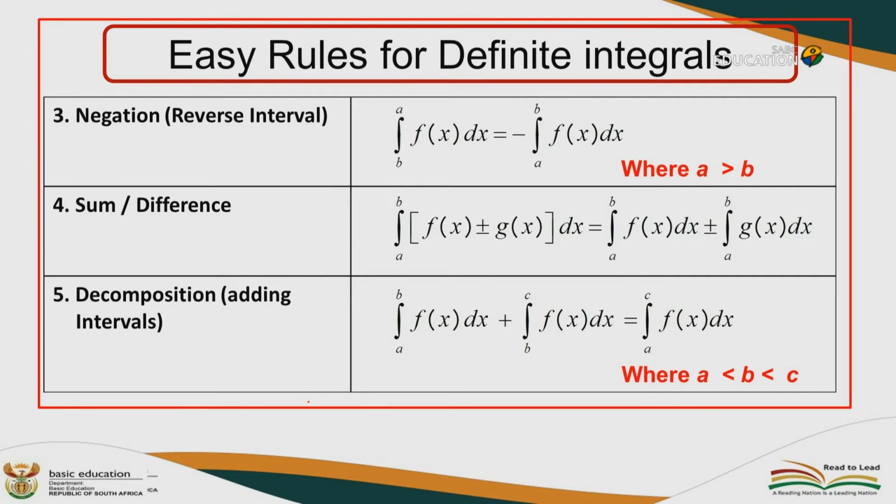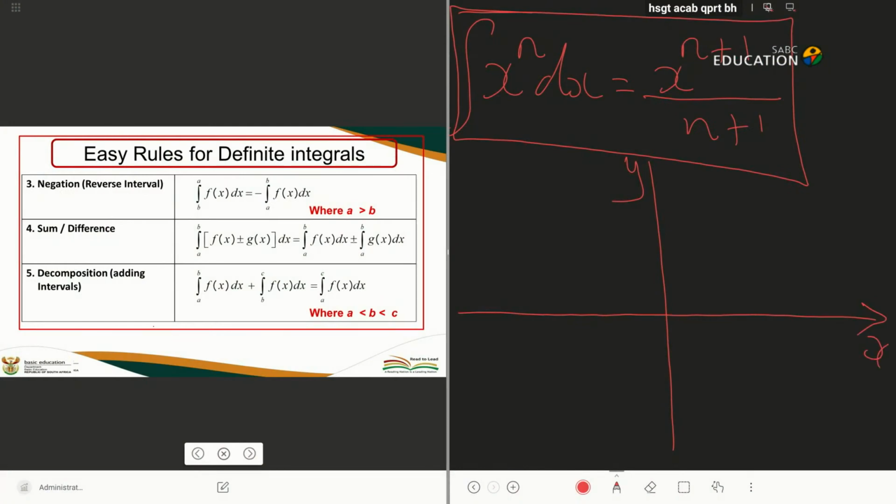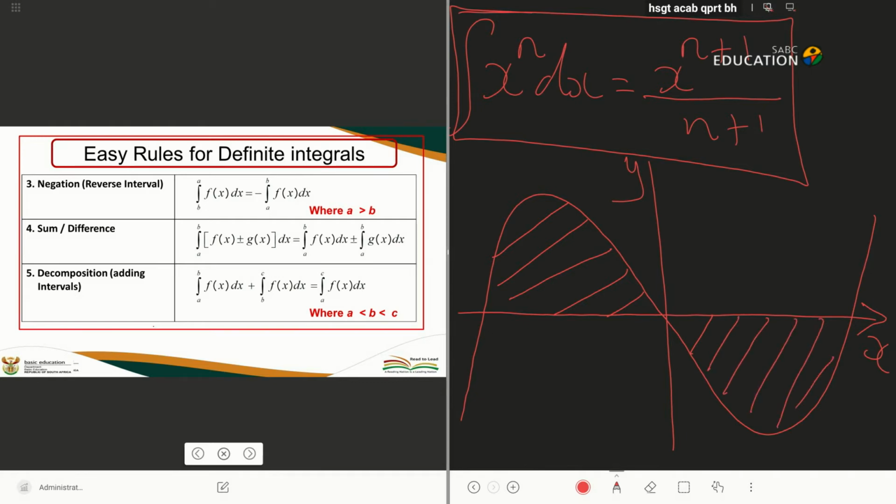If we look at the decomposition or adding of the intervals, when does this happen? This happens in the situation where, like here, you have your graph. This is your y. This is your x. And then you find that we have the area between this. We have this part of the function of the graph, which is above the x-axis. And we also have this part here, which is below the x-axis.